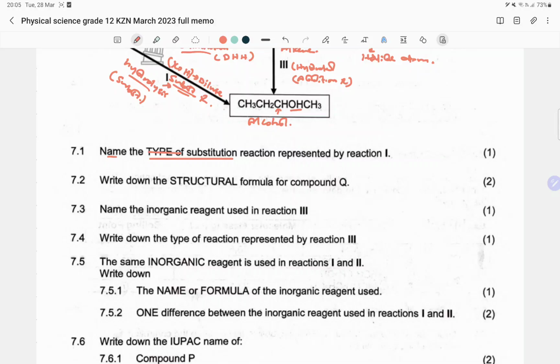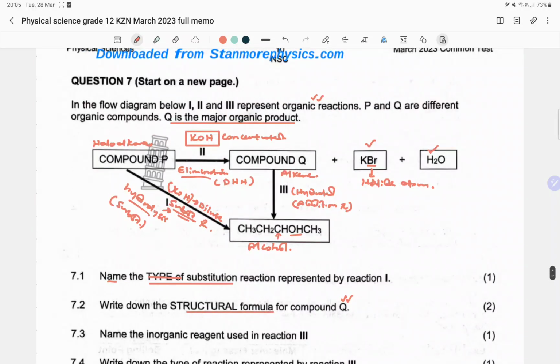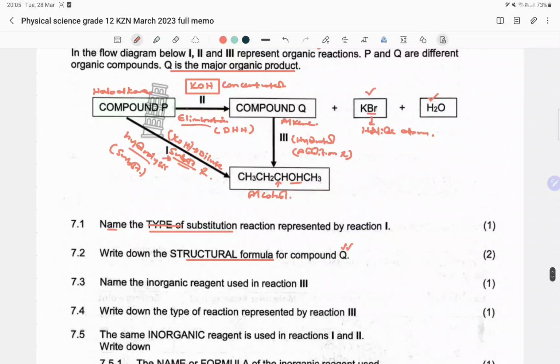Write down the structural formula of compound Q. So we're going to get a glimpse from here. This is what is going to give us an idea.